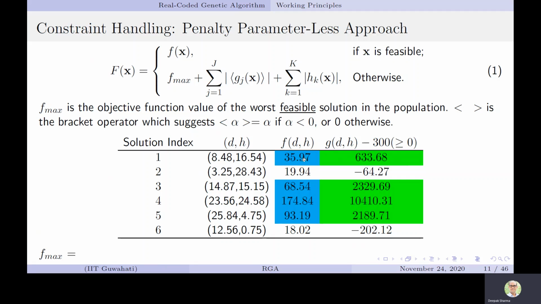So solution 1 is 35.97, solution 3 is 68.54, solution 4 is 174.84, and solution 5 is 93.19.